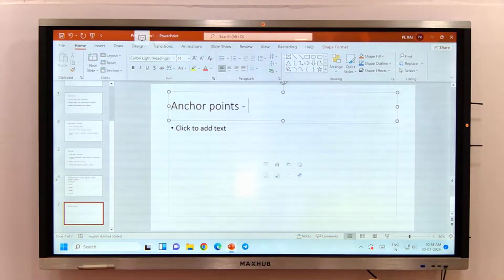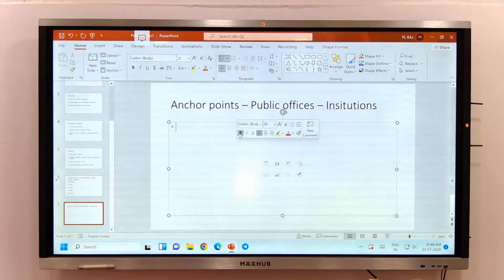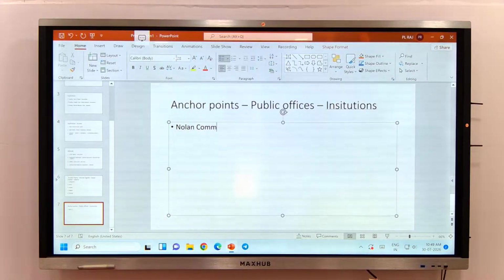Any case that deals with organizations, institutions, public offices, where the anchor point that has to be mentioned is the Nolan Committee.